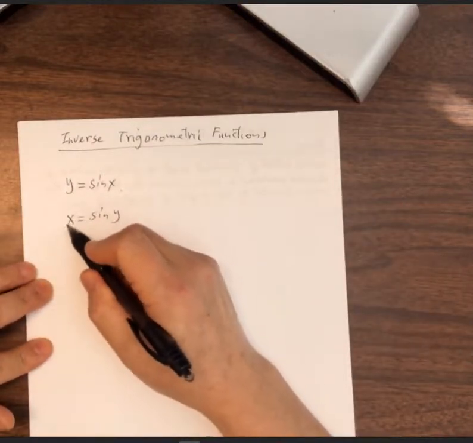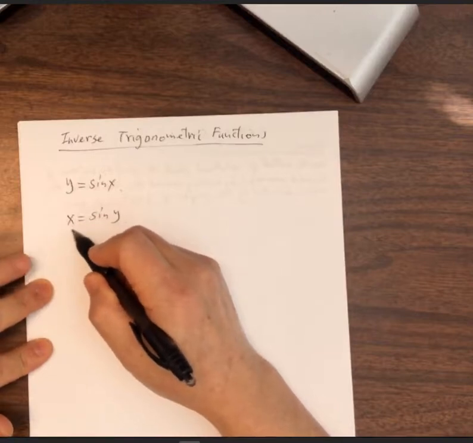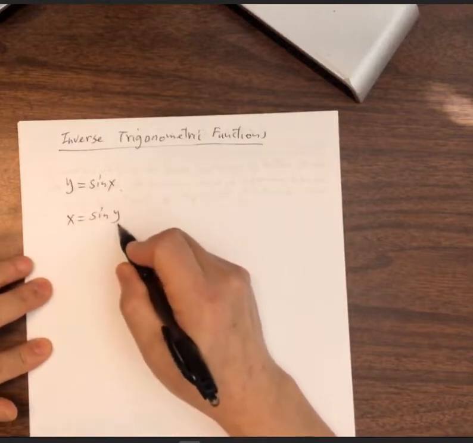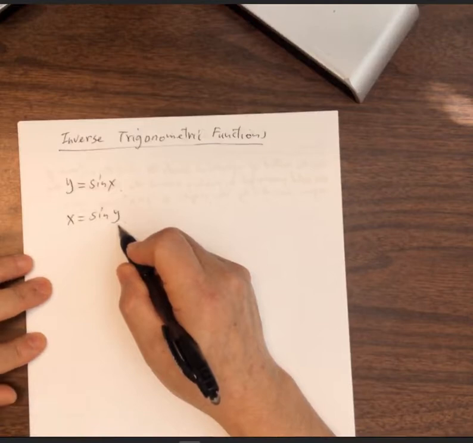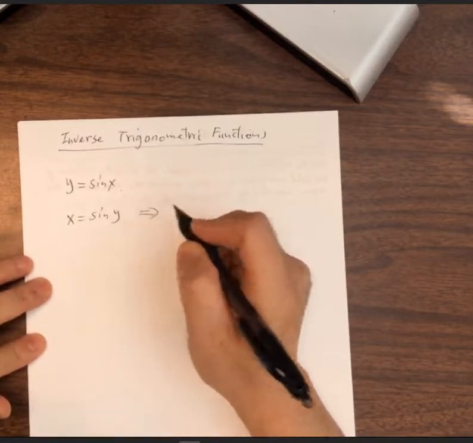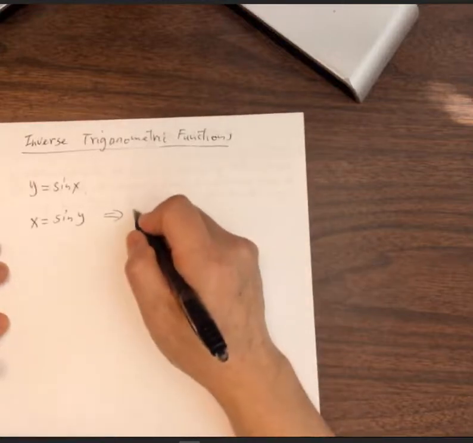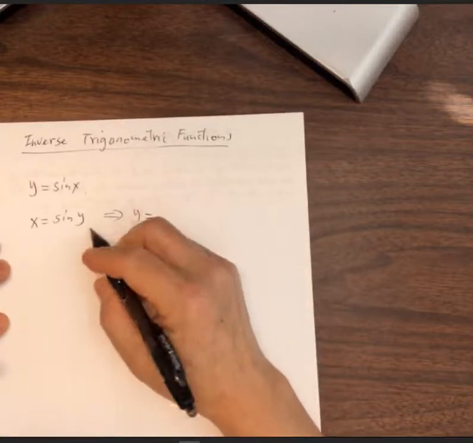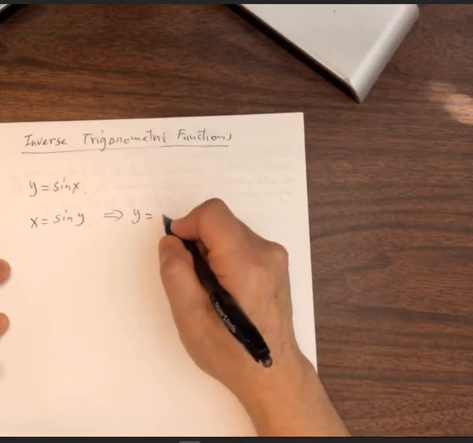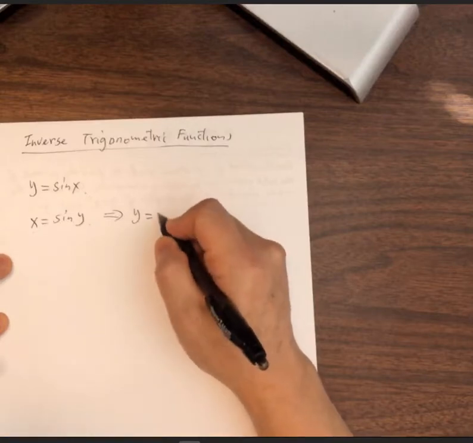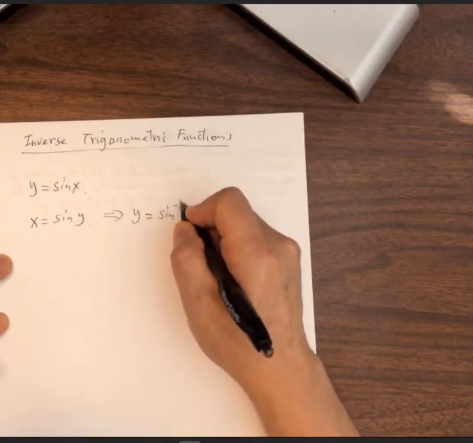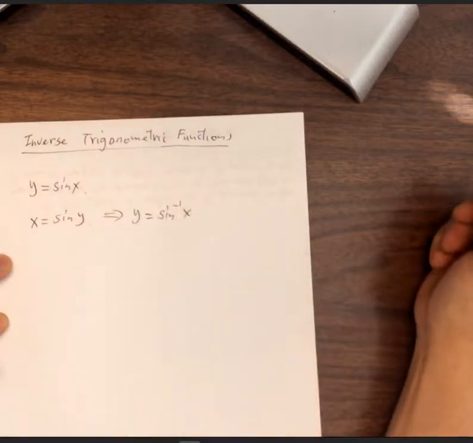Suppose there is an input x here. Theoretically, there is a corresponding y value defined. This way, we consider such defined function y as the inverse of sine, denoted as inverse sine.